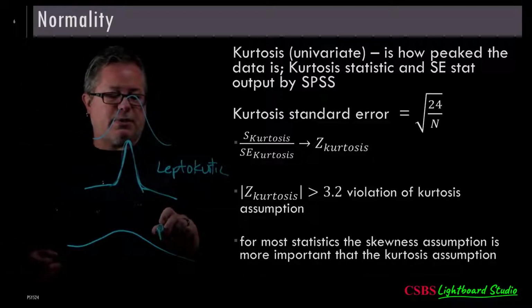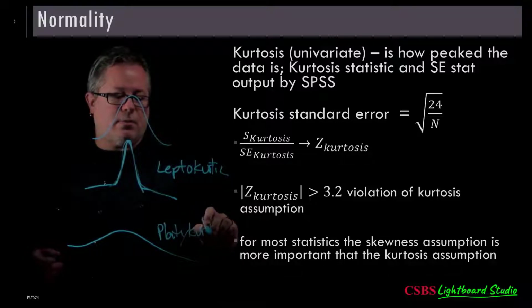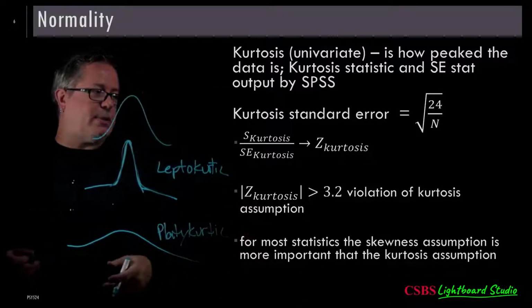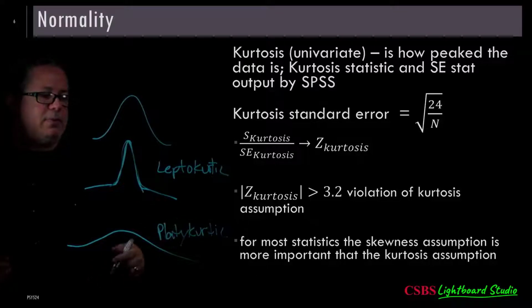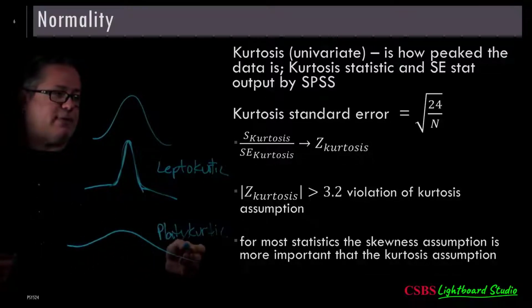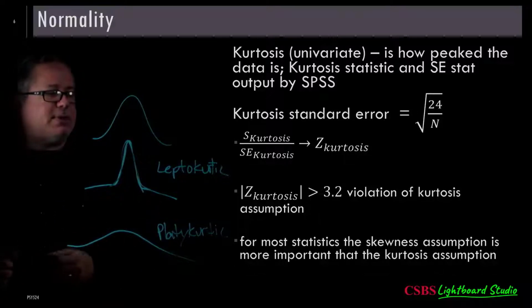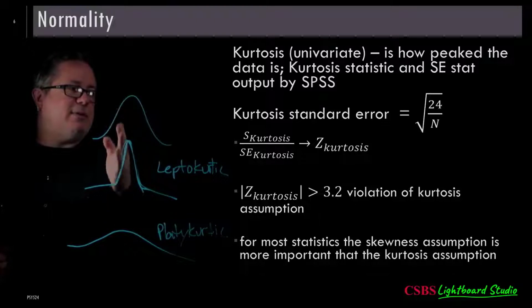This is platykurtic. Also seen as platykurtotic, but that's just too many syllables. Leptokurtic, platykurtic. I always think platy sounds like flat, and that's what's going on here. That's more flat. Lepto sort of sounds like leaping, up in the air.